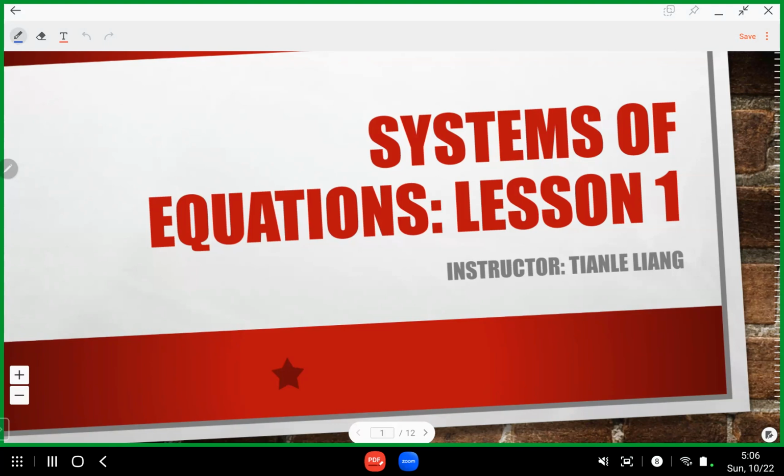Linear programming is basically modeling real life situations with systems of equations and matrices.